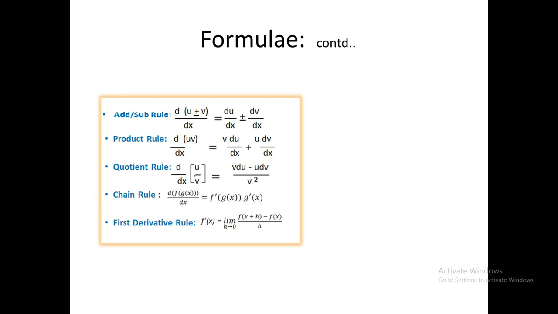So the derivative of f of g of x is f dash of g of x. Means first we differentiate f dash, keeping g of x as y, and then you go inside and differentiate the g of x again. That is the chain rule. There will be such functions which we will face in sums. I will explain to you at that time.